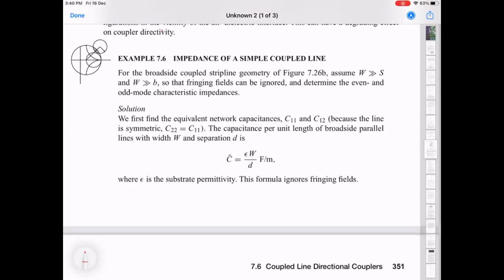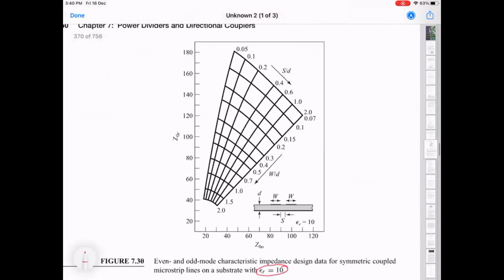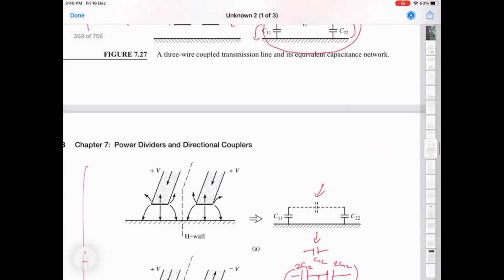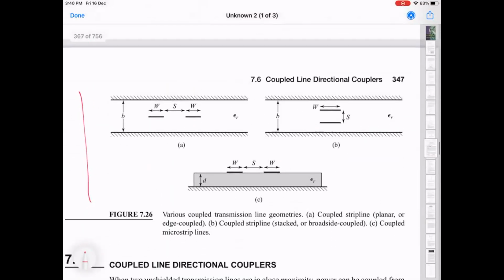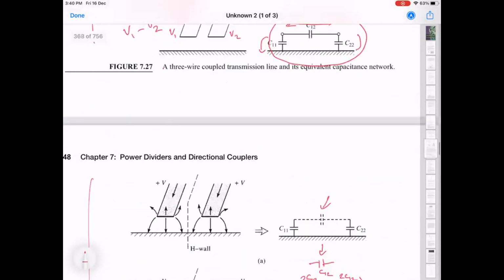Oh, so this is broadside coupled, sorry. They're talking about this one. Sorry, that's not the right example.